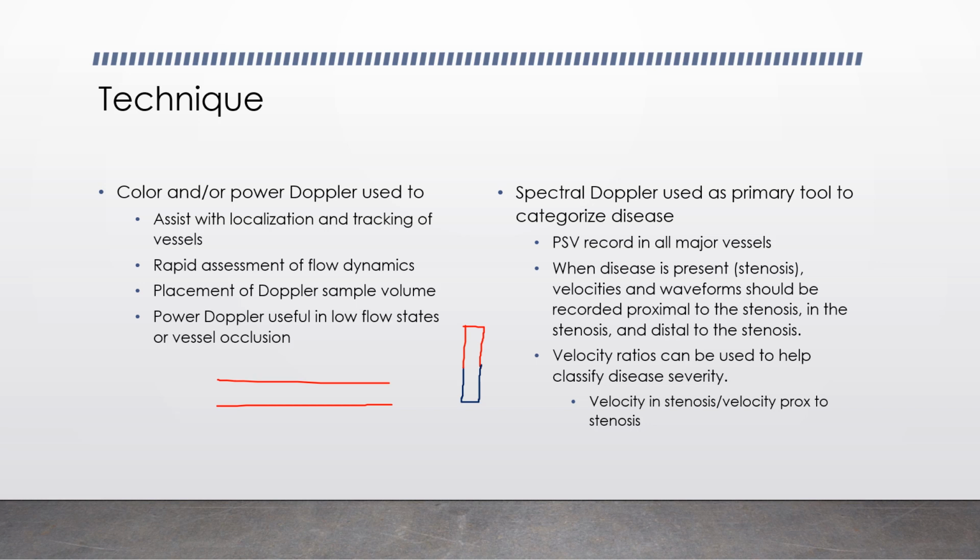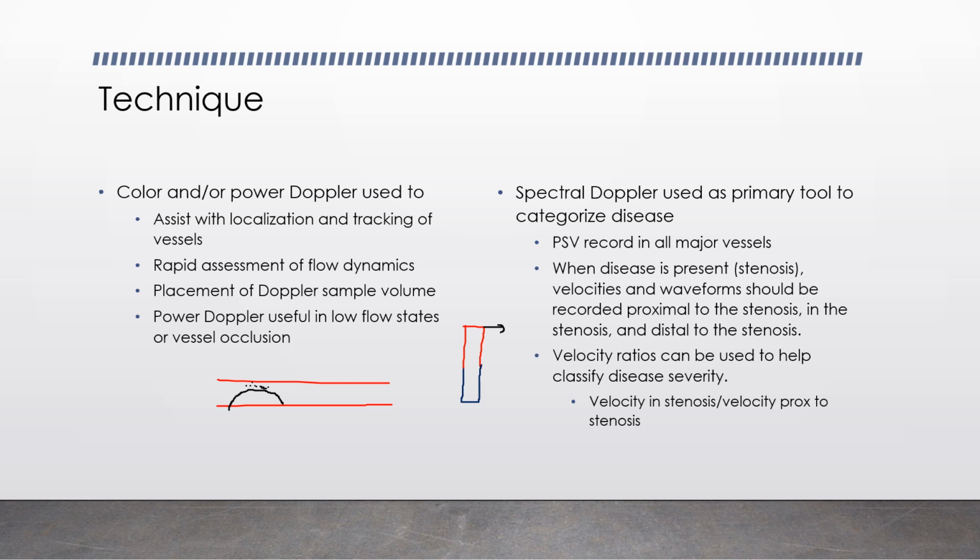So it can tell us, if I'm coming into a stenosis here and I am seeing the highest level of my flow in the center of that stenosis, I know that that is where my highest velocity is. So it can give me that rapid assessment of flow dynamics. That will help me place my spectral Doppler.